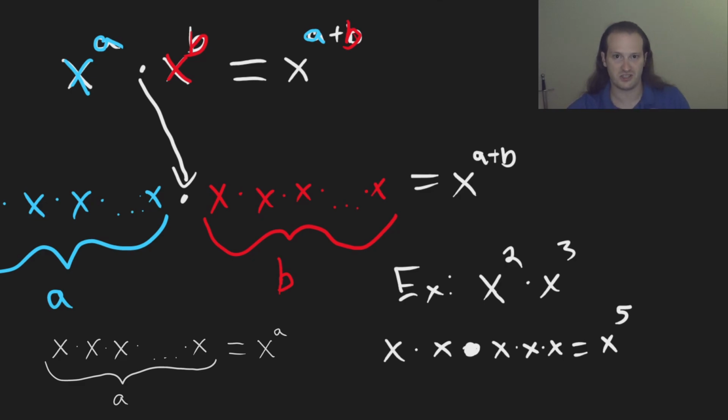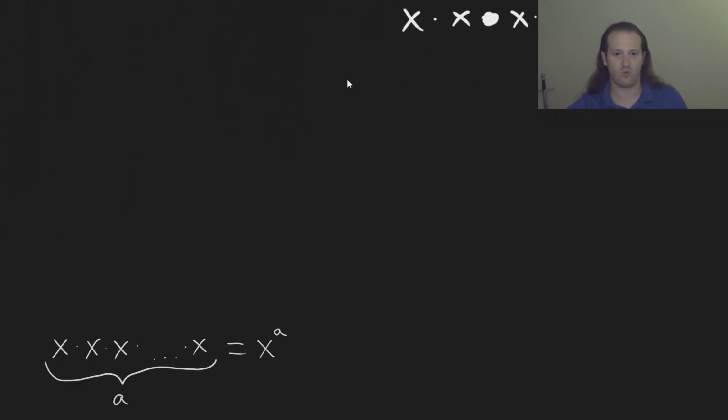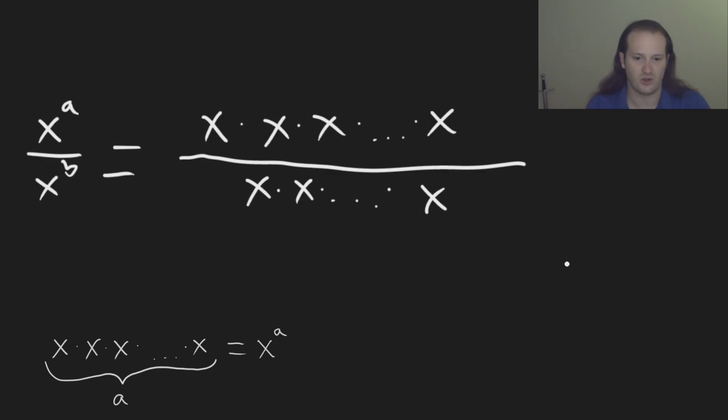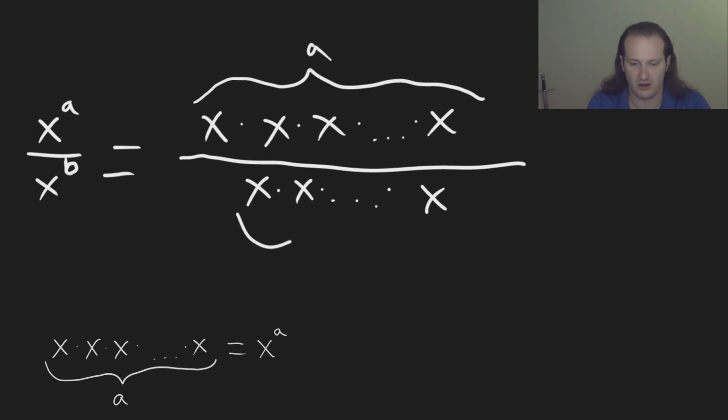We can do the same thing with division of a bunch of the same variable. Here I'm saying that we have x to the a divided by x to the b this time. A of them up here, b of them down here.